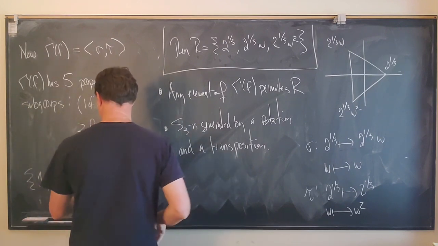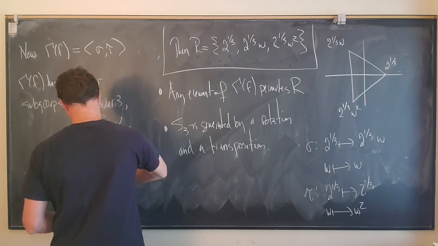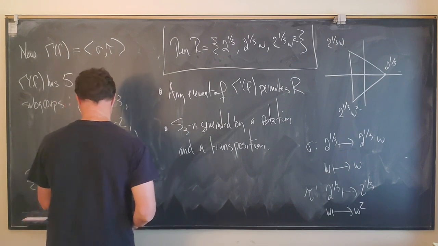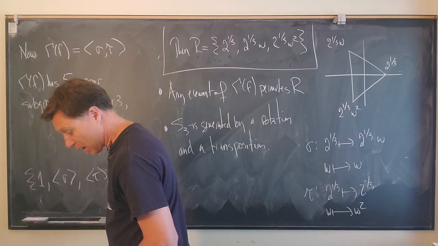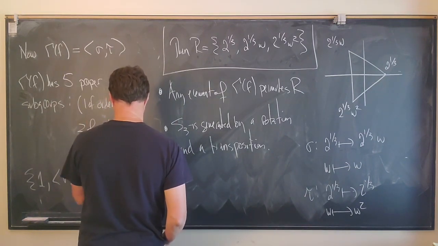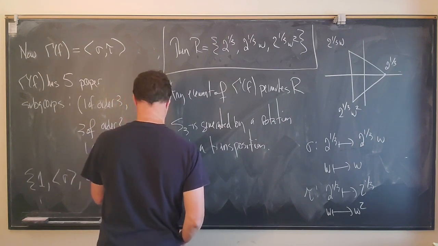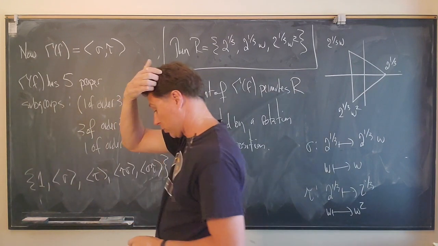That will be tau, tau sigma, and sigma tau. All right, so those are our proper subgroups.